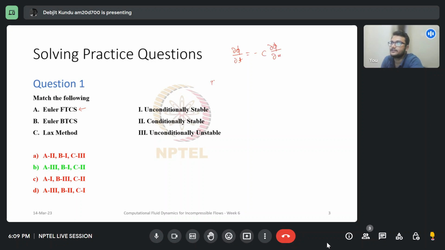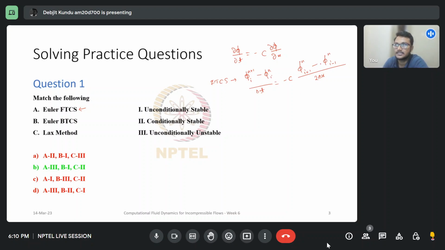In Euler's FTCS scheme, it is discretized as phi i n plus 1 minus phi i n divided by delta t, and on this side we have minus c over 2 delta x, and we take central difference over here, so phi i plus 1 minus phi i minus 1, both at the time level n, because we are taking a forward in time formulation.